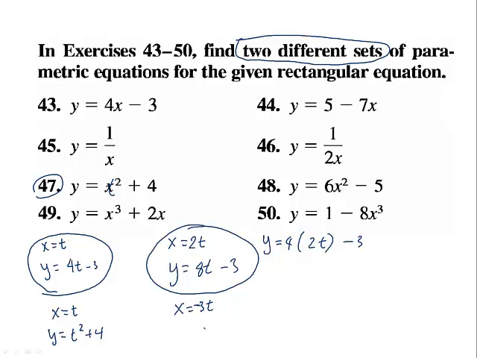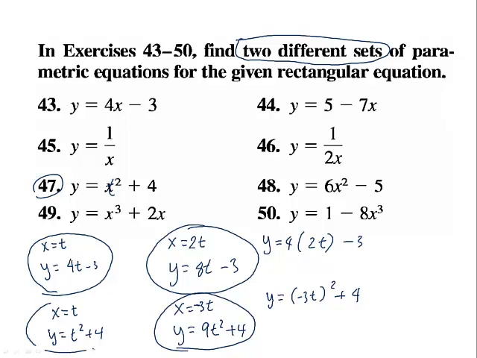I'm really excited here, so I'm going to try something really hard like negative 3t. So I put a negative 3t for x, so that means y is equal to where the x is, I'm going to put a negative 3t like that. Simplifying that, negative 3 squared is 9, so this would be y is equal to 9t squared plus 4. So there's my second set.